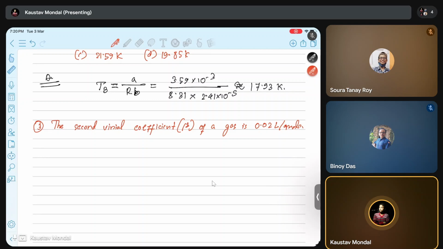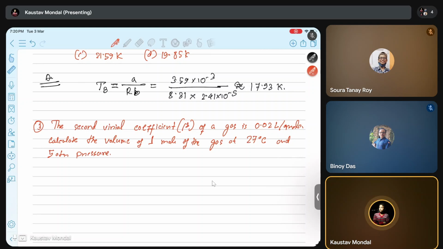In that case, calculate the volume of 1 mole of the gas at 27 degrees centigrade and 5 atm pressure.